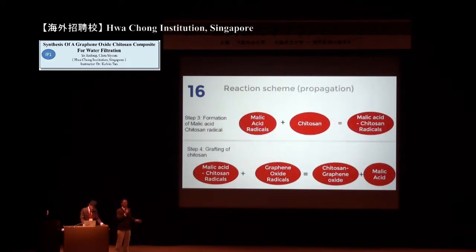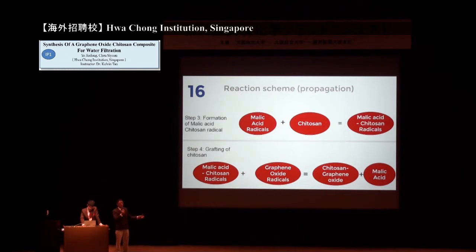In the next step, we want to do the addition of the chitosan. This is called the addition step. We use the malic acid free radicals formed in the previous step, and they will combine with the chitosan that is in the same reaction mixture to give malic acid chitosan radicals.